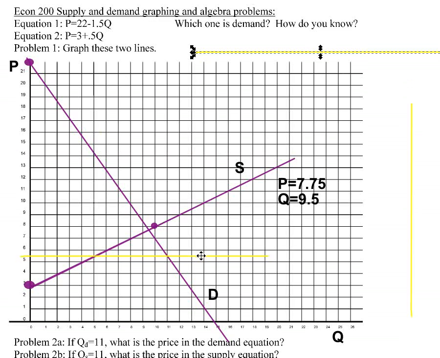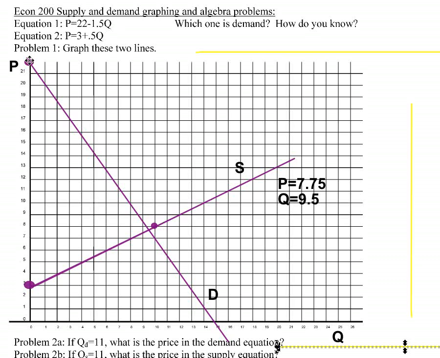So, okay, let's look at some other examples here. Now, let me ask you another question. Looking at this demand curve, at what price would people want to buy none? 0 units. What price would cause the quantity demanded to be 0? Well, we could solve this algebra here if we wanted to, right? Price equals 22 minus 1.5 times 0.